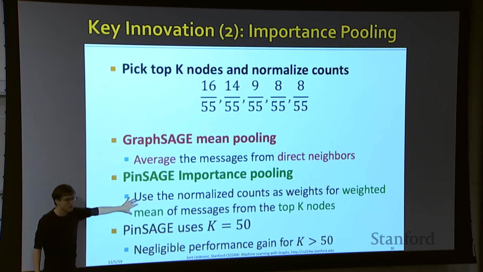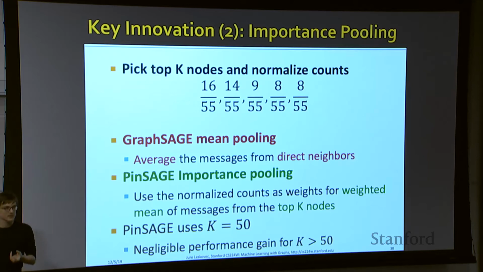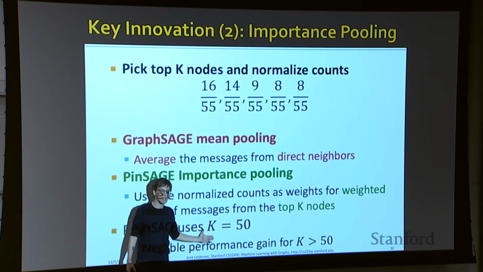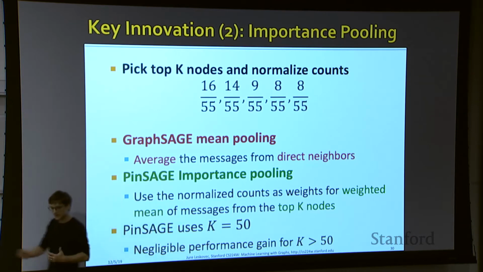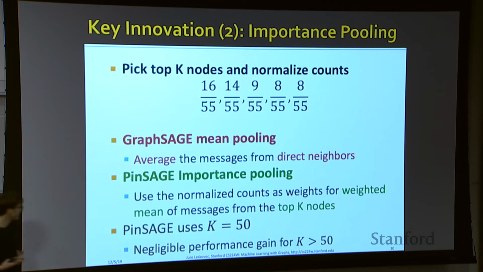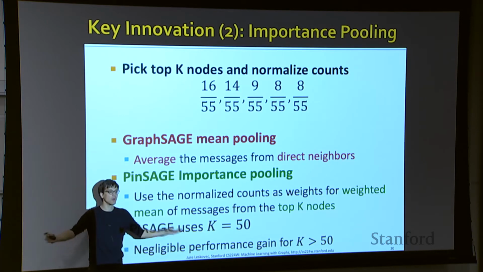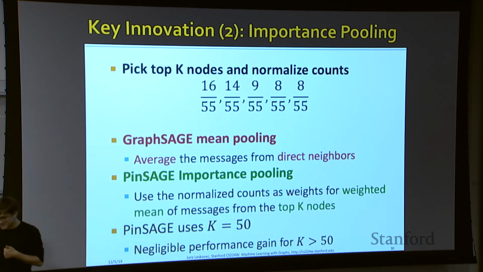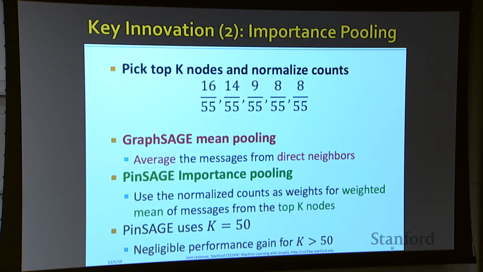And as I will show you later, this really makes a huge difference in performance. And in practice, we use k equals 50. So we take at most 50 neighbors of a given pin, rather than taking all of them. Okay, so that's number 2 that is important.